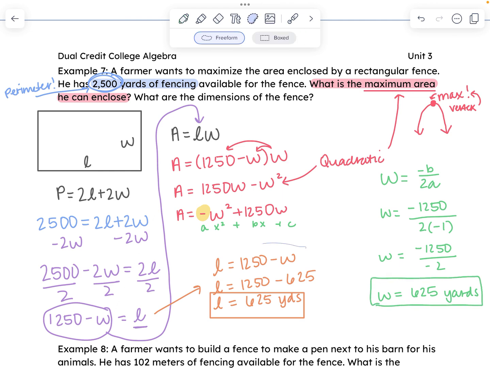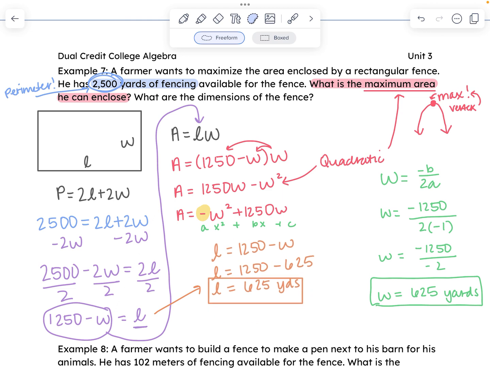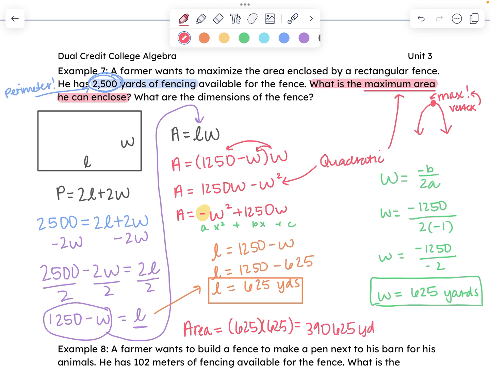The last thing I need to find is my actual area. To find my area, I'm just going to multiply them, and when I multiply those, I get 390,625 yards squared.